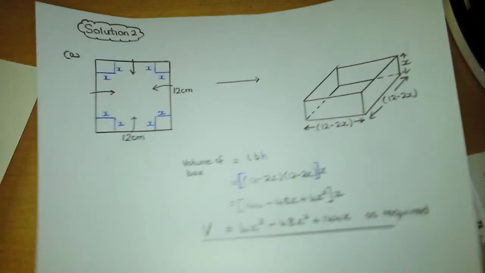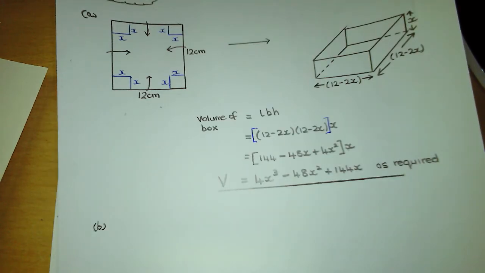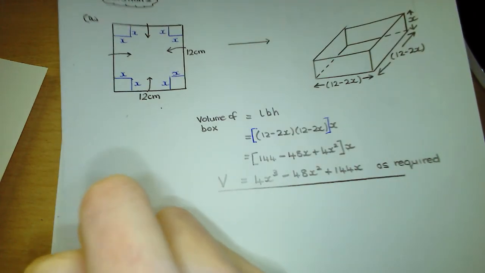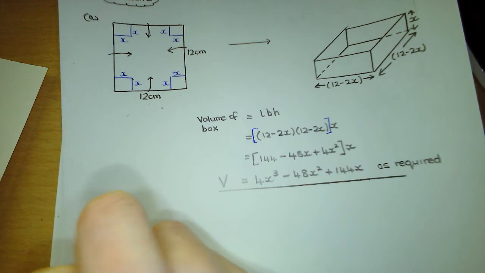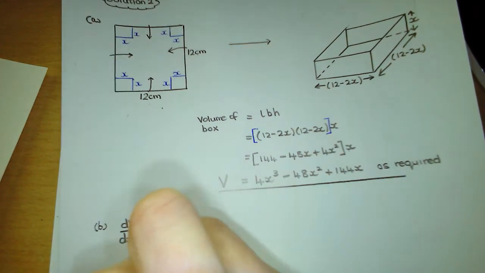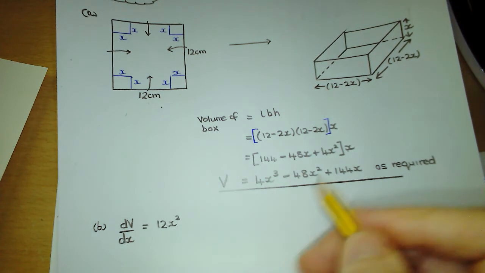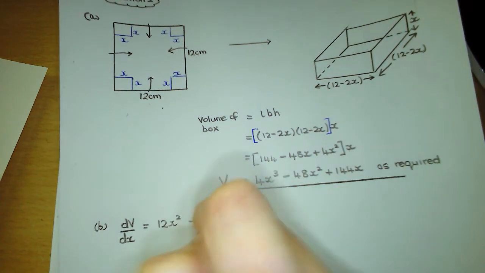So part B, let's get dV by dx. So dV by dx is going to give us 12x squared. Differentiate the next term, we're going to get minus 96x.